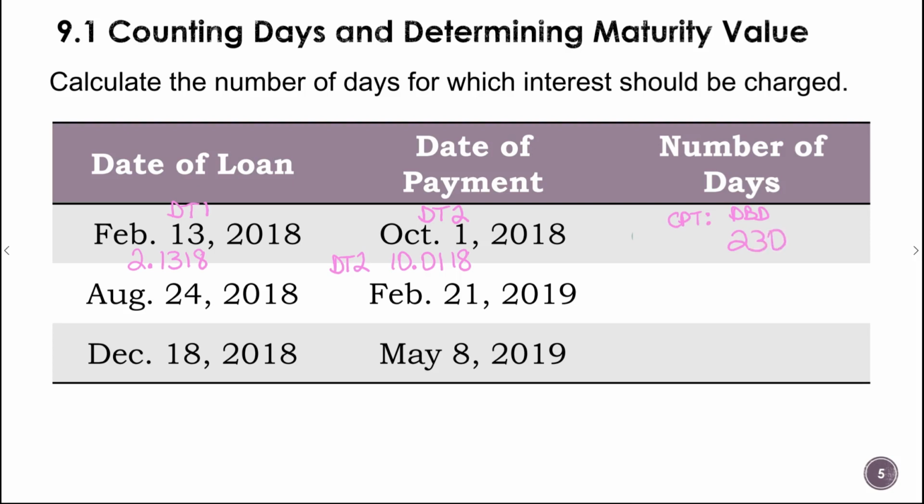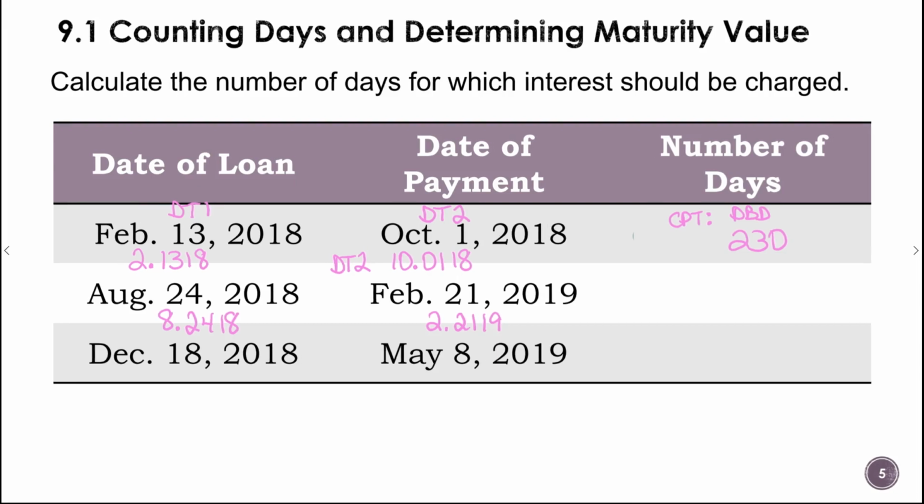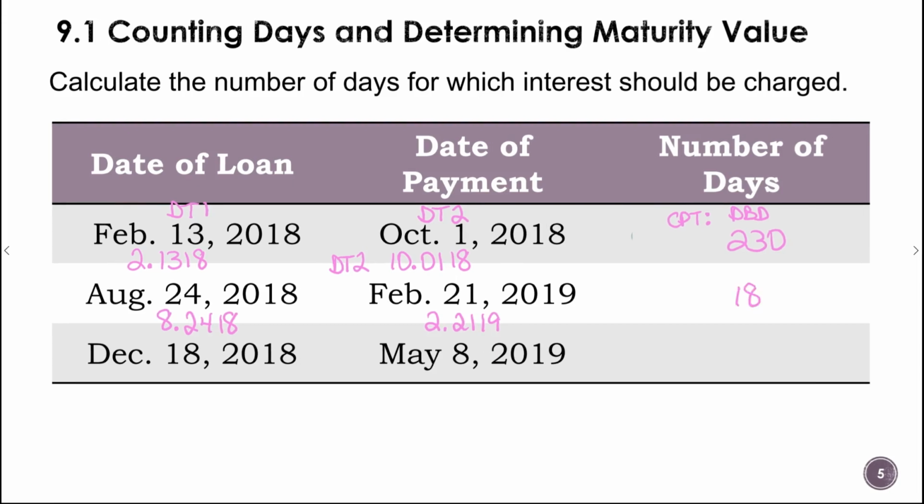Okay, August is the 7th month. No, sorry. August is the 8th month. So 8/24/18 to February of 19. So that's 2/21/19. Days between dates then would be 181. December, don't forget to pause and practice this.